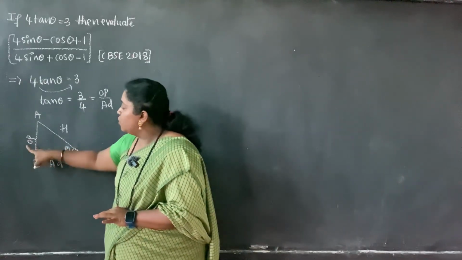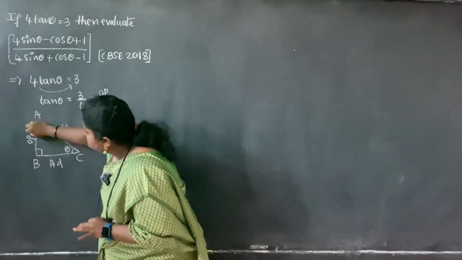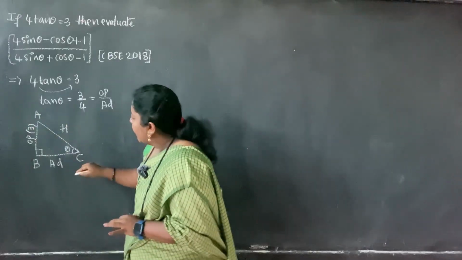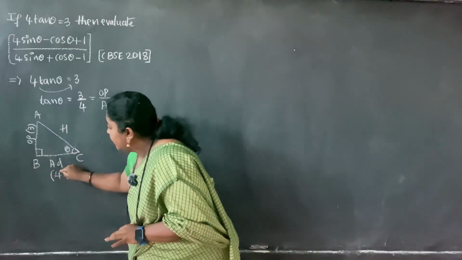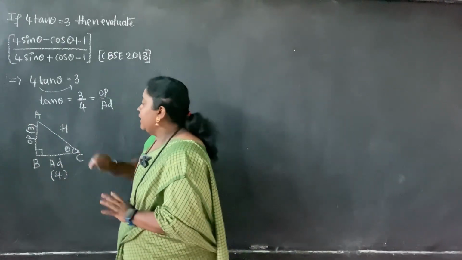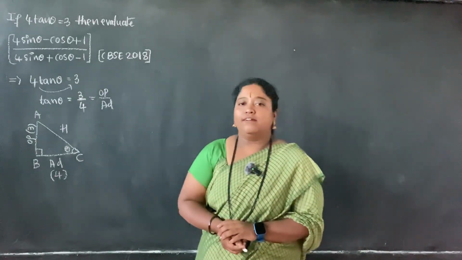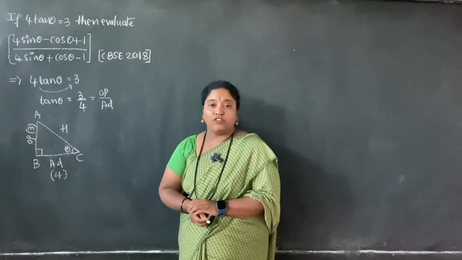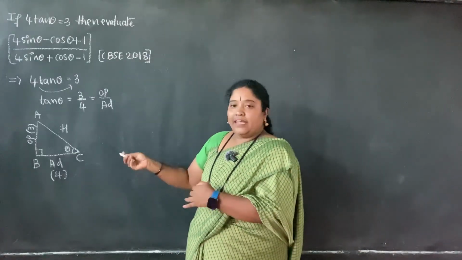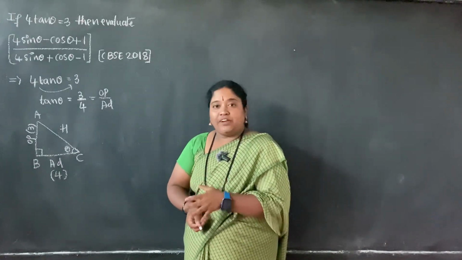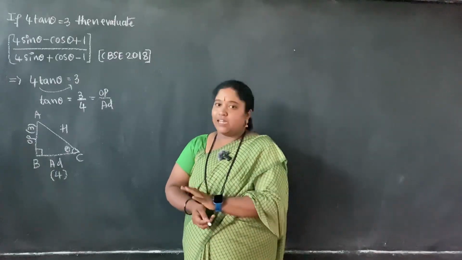You can see opposite is provided as 3 and adjacent is provided as 4, and I need to find the hypotenuse. You have to remember some Pythagorean triplets which are necessary for us to identify. Like in the previous question, 8, 17 and 15 were the Pythagorean triplet.